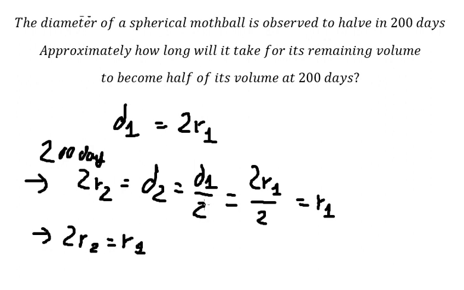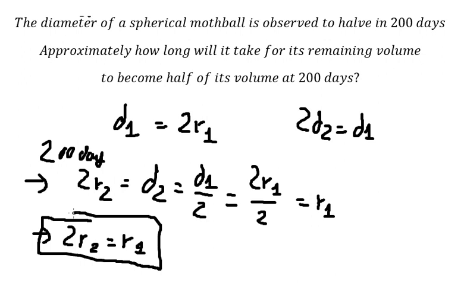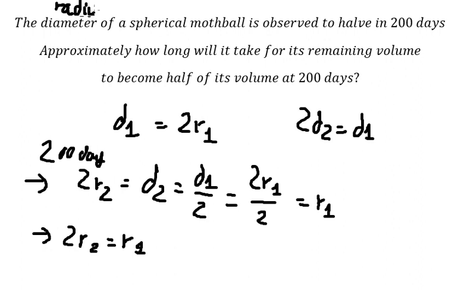Number 2 goes in here, and we get 2d number 2 equals the number 1 for this equation. That means we need to focus on this one, so we can transform this one into radius so that we have the same.